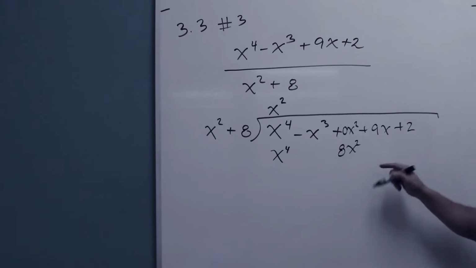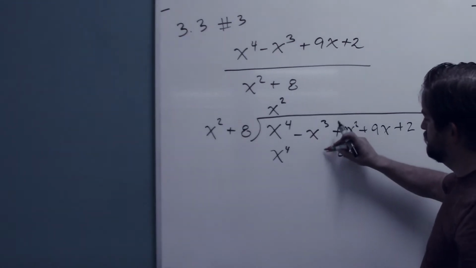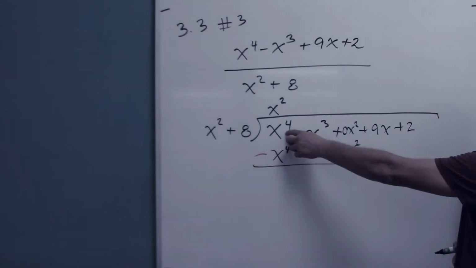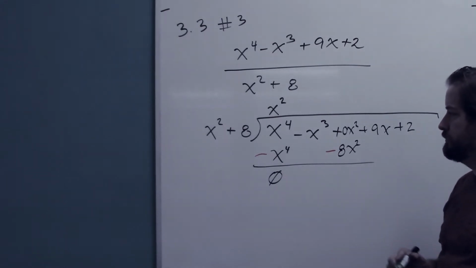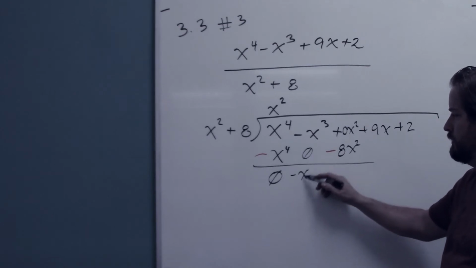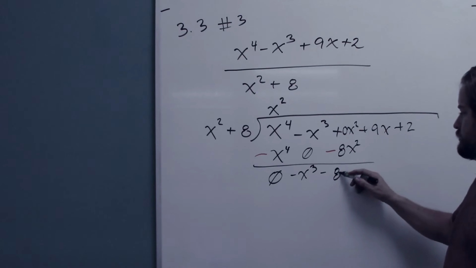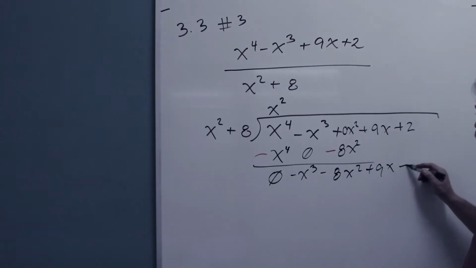And again, I want to subtract this from the top, so I'm going to subtract. x to the fourth minus x to the fourth is 0. I want that first term to be gone. There's nothing here, so negative x to the third just drops down. Nothing minus 8 is minus 8x squared, and then plus 9x, and then plus 2.